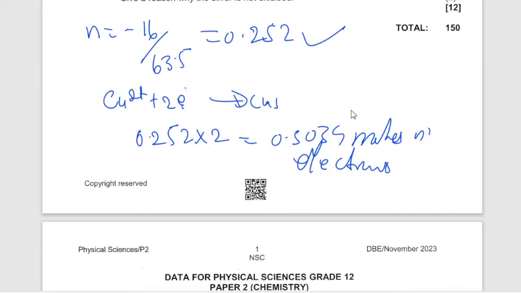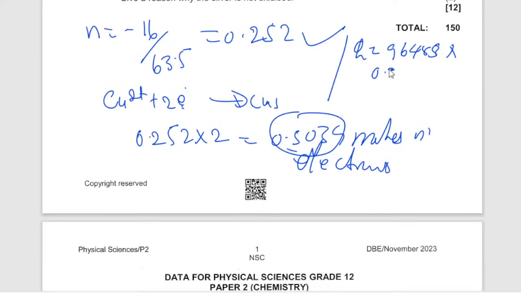Now we need to convert this into charge, whereby we apply Faraday's constant. Charge is equal to 96485, which is a constant, times this number of moles, 0.5039.